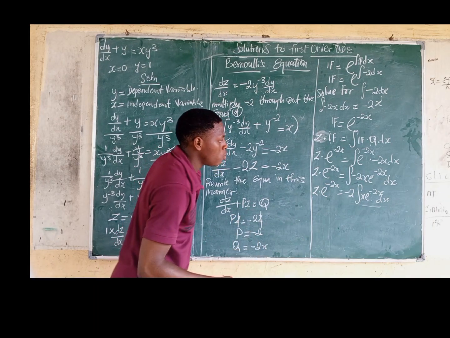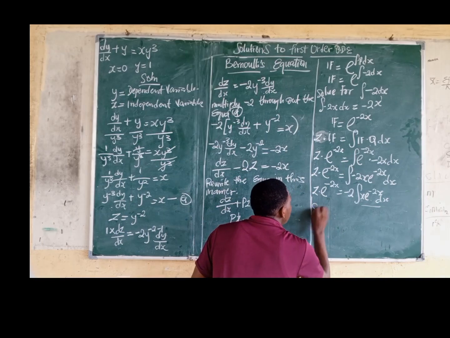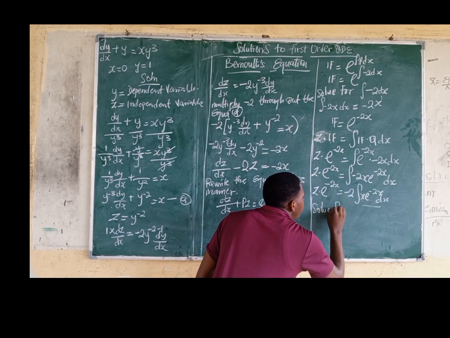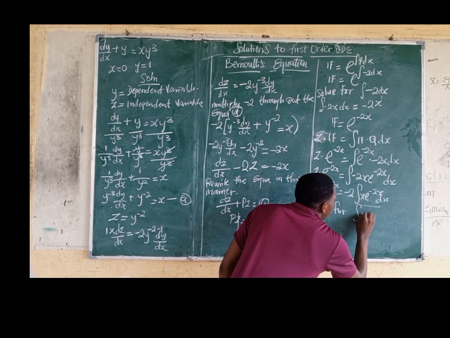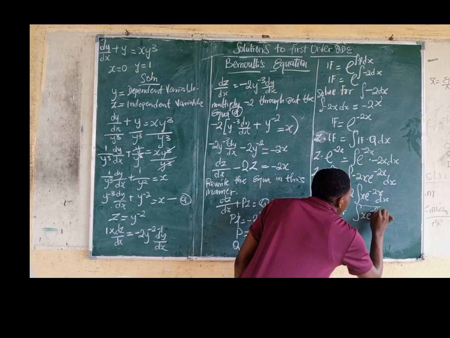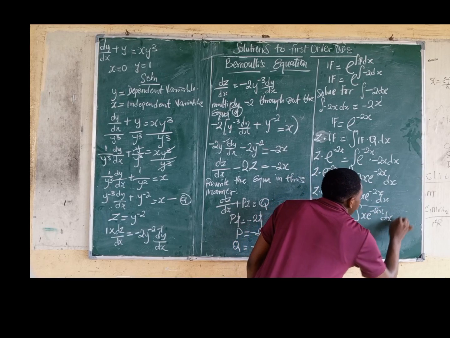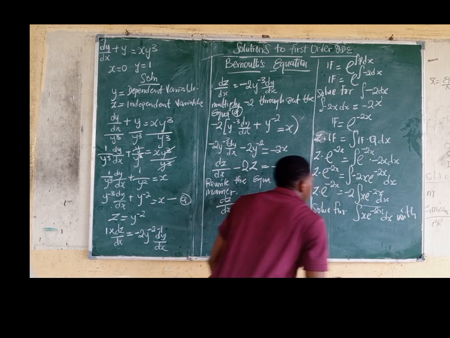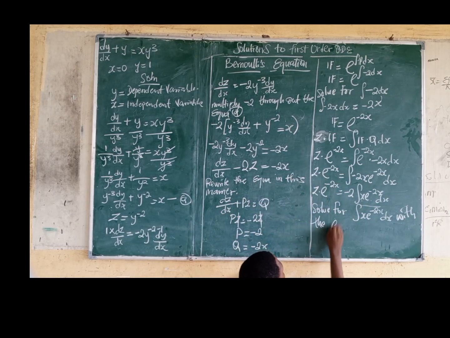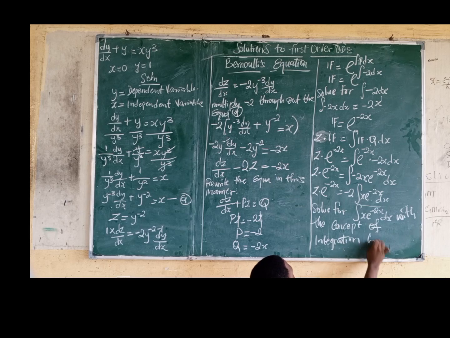So the next thing we have to do is to solve for the integral of x e^(-2x) dx with the concept of integration by parts.